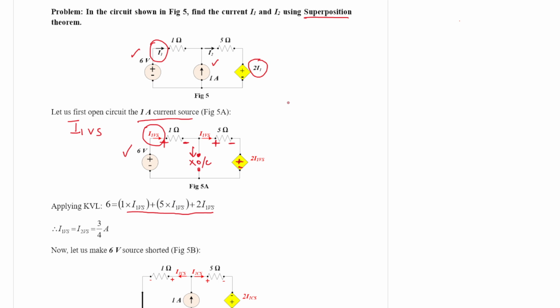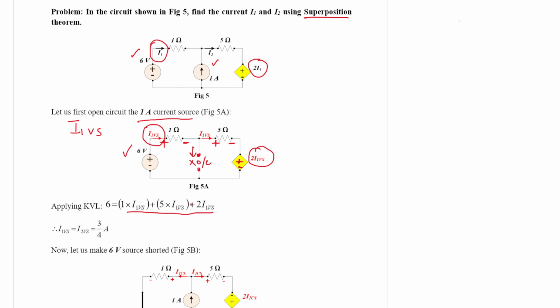Now what happens to the magnitude? As already said, it is 2I1, where I1 is the current flowing through the 1 ohm resistance. Whatever current flows through this 1 ohm resistance, twice that value will be the magnitude of the dependent source.